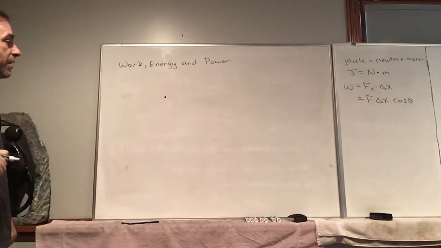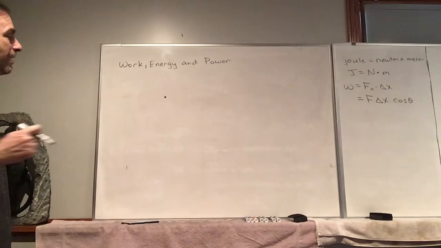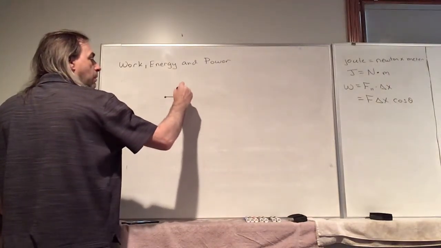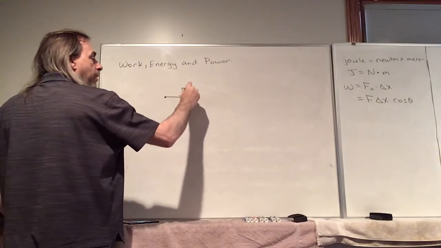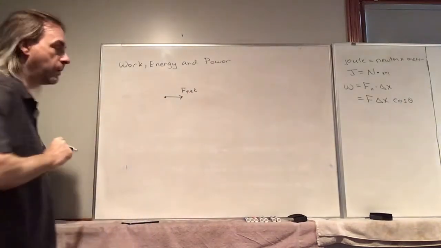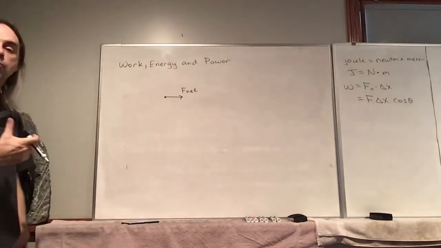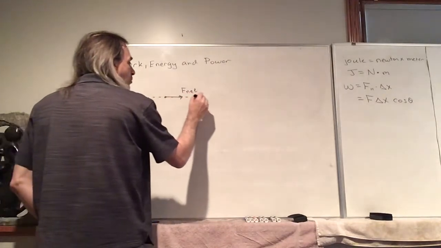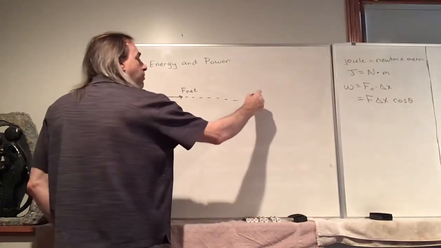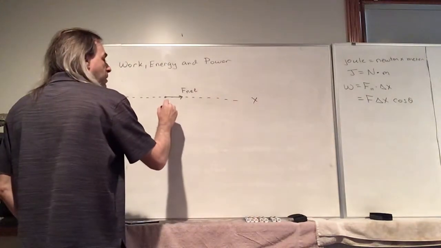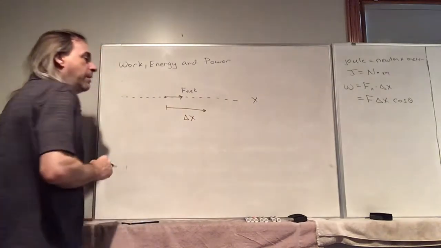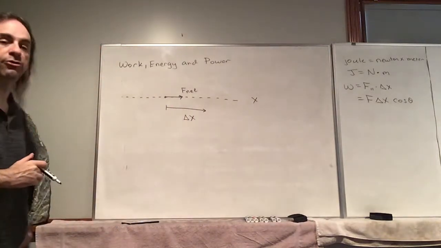And to make things easier, let's say that the net force is in the direction of the displacement. So we're going to consider a one-dimensional problem, where this object is moving in the x direction, through some displacement in the x direction, and the net force is in that direction.